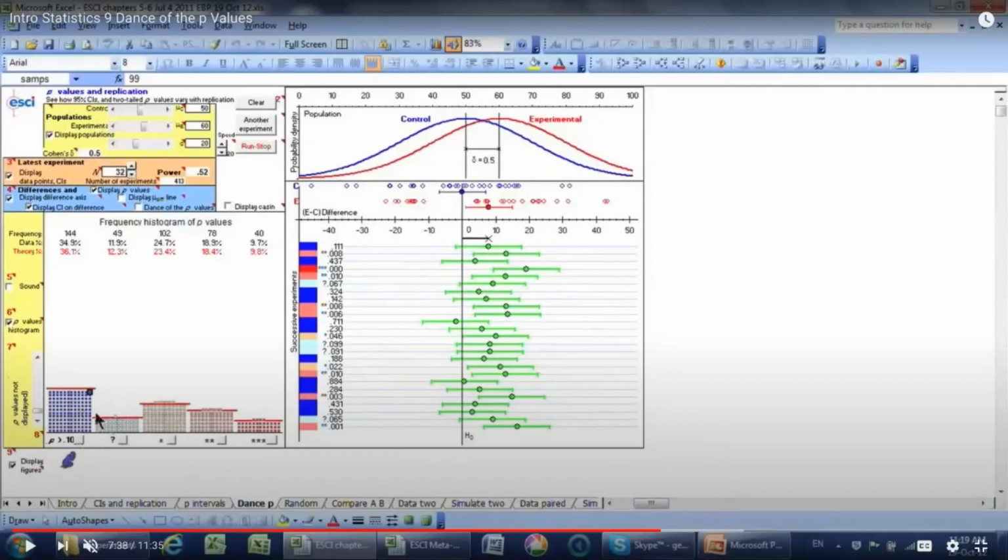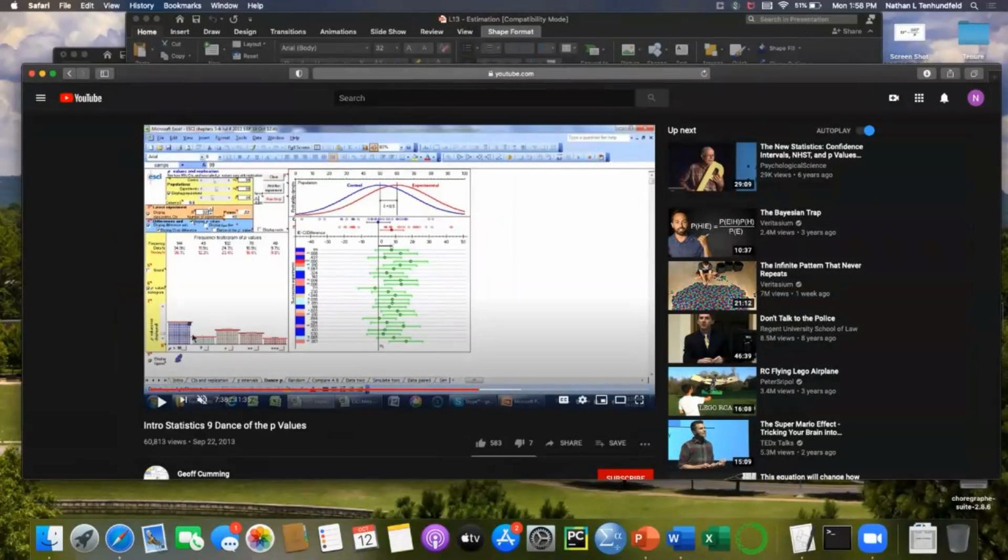And so if we're relying only on our p-values, you can see we're going to have very different interpretations based off of our sample. And so this serves to highlight the consequences of relying on those p-values rather than something like estimation. Questions about that?